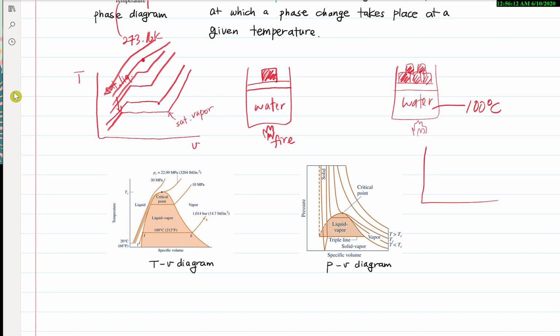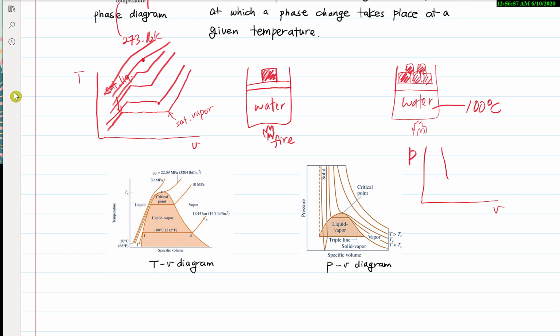If we draw the process on the PV diagram, as the pressure decreases, the volume increases slightly. When the pressure reaches atmospheric pressure, it starts to boil until all the liquid vaporizes.